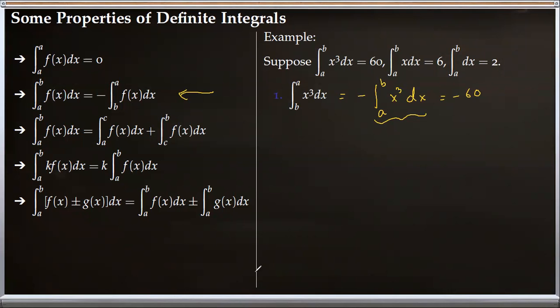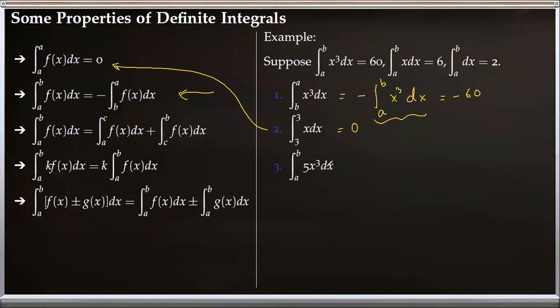Let's look at the second one now. For the second one, we are looking at integral from 3 to 3 of function x, and using one of the properties again, essentially this one, we get this to be 0, because integral from 3 to 3 itself is always 0 for any function. Next, we are looking at integral from a to b of 5x cubed.